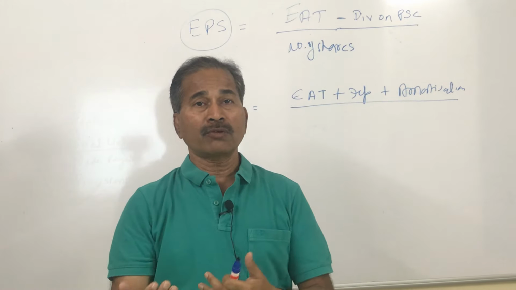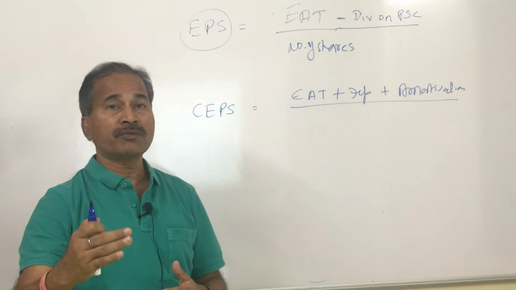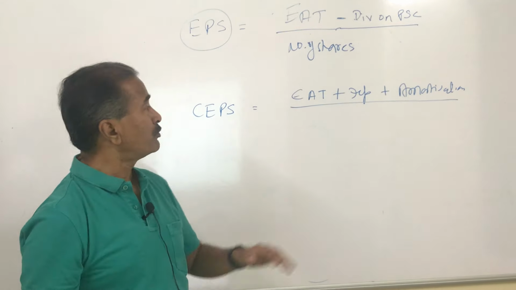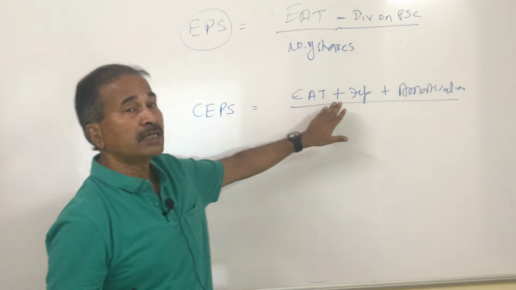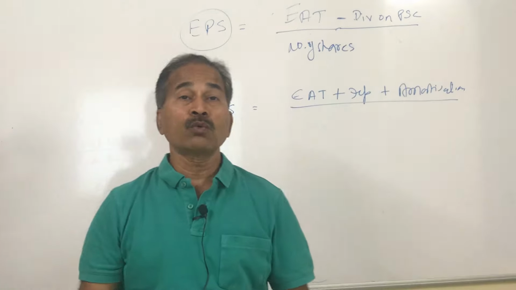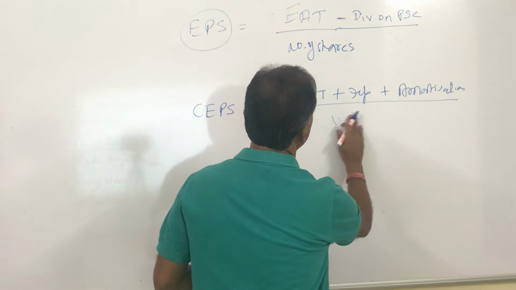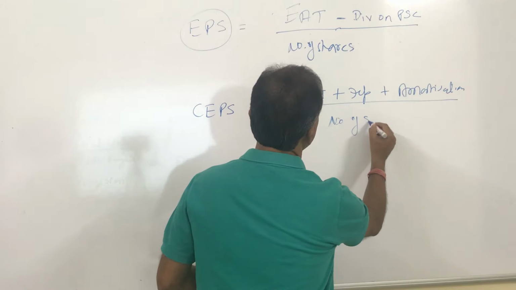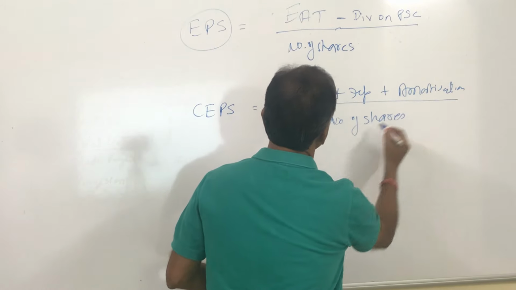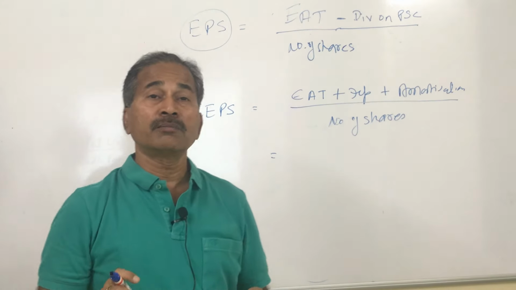So one is the net profit, second is the cash profit. You compute cash profit by taking the earning after tax, adding depreciation and then amortization to it. Then you divide this by the number of shares the company has, and this will give you your CEPS, cash earning per share.